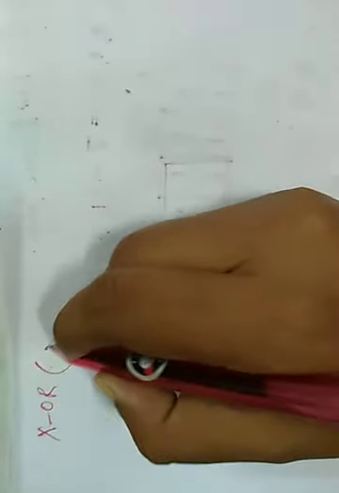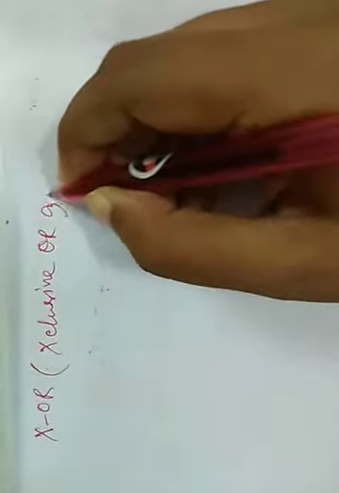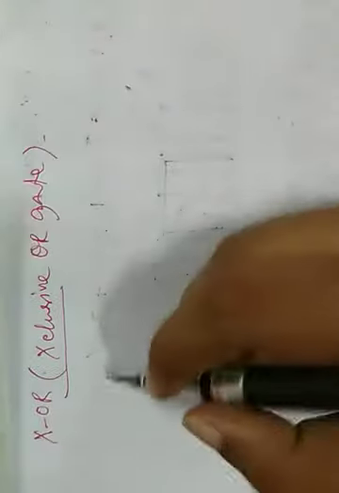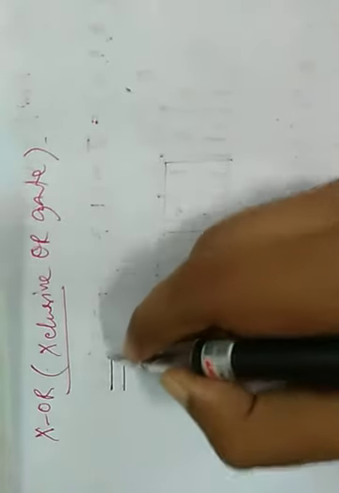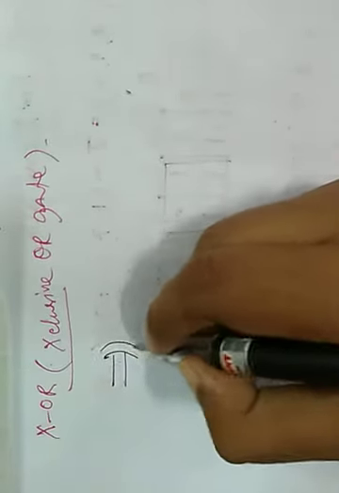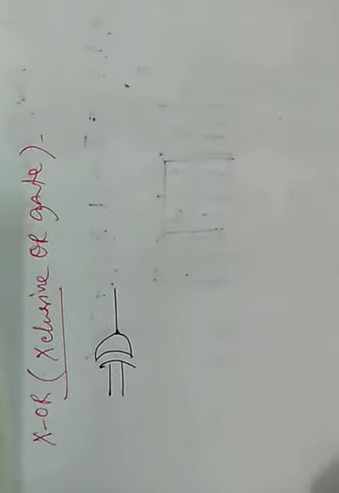Now another gate is the XOR gate, or exclusive OR gate. Its symbol is like this. Clear?